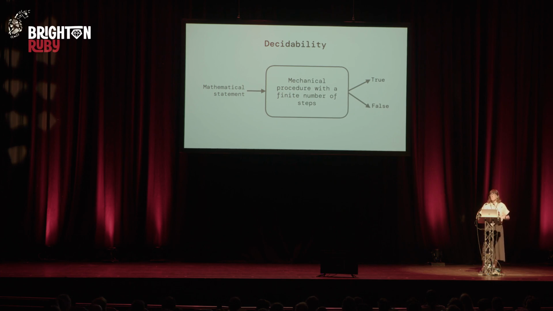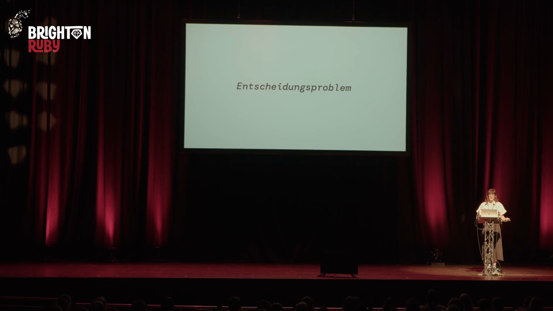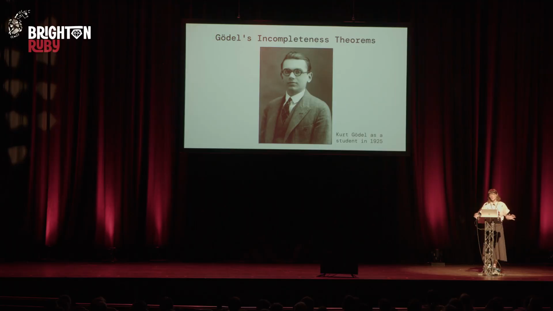But that was the dream that mathematicians had at the time, some sort of universal method, a step-by-step mechanical procedure where you could decide the truth or the provability of any mathematical statement. This grand challenge that was proposed by Hilbert in 1928 became known as the Entscheidungsproblem, which is German for decision problem.